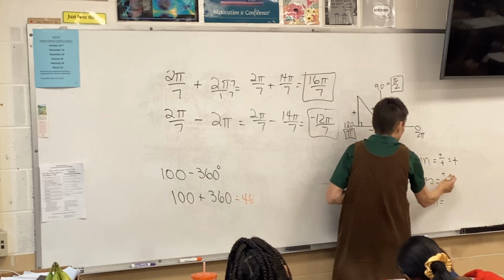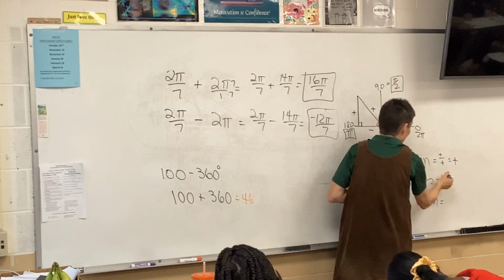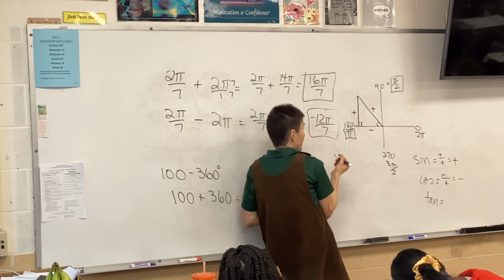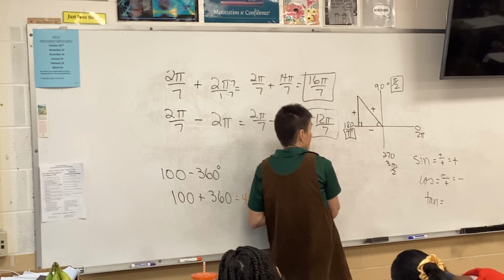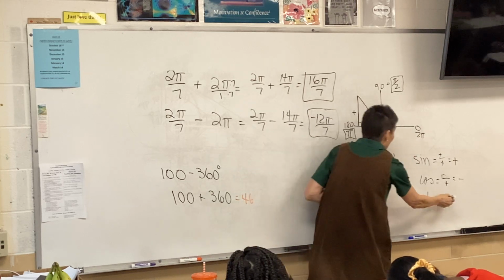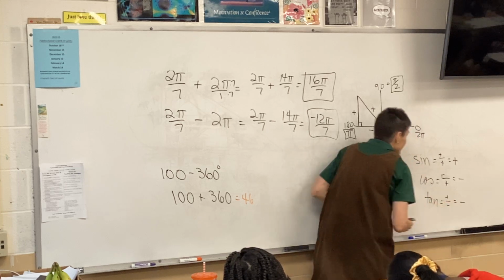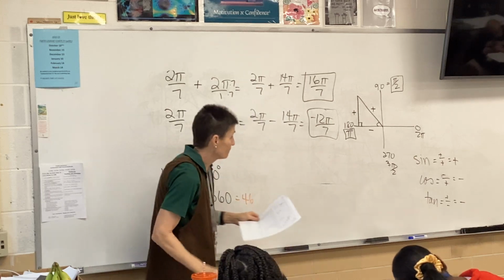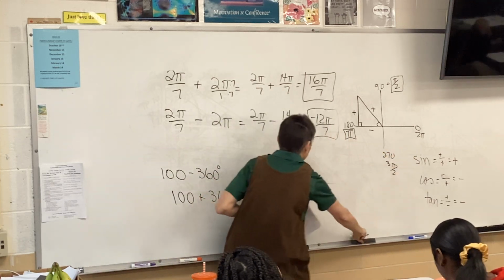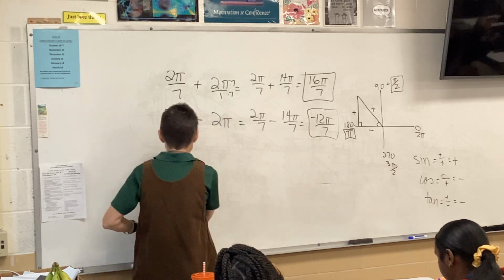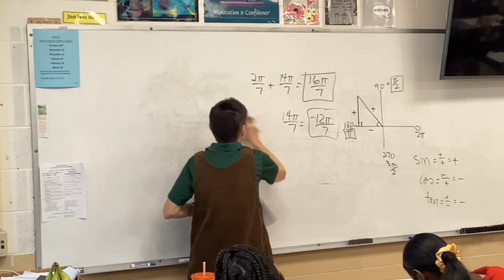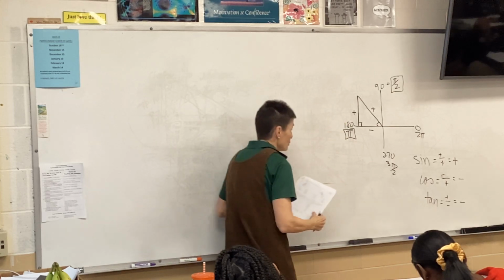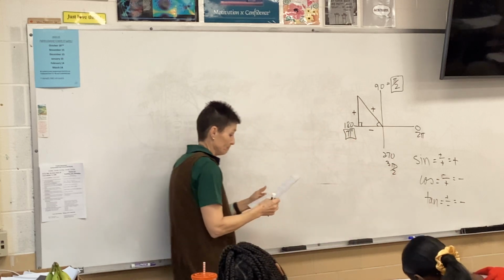Adjacent over hypotenuse. So it's going to be negative. And what about tangent? Opposite over adjacent, so it's going to be negative. So in quadrant 2, sine is positive, but the other two are negative. That isn't something you want to memorize. You want to memorize the purple sheet. You can figure this out, just like we did.